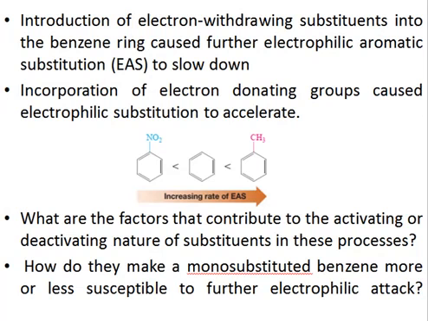right? So in general, when we introduce an electron-withdrawing substituent on the benzene ring, such an electron-withdrawing group decreases the electrophilic substitution reaction to a very large extent, right? So what is this electron-withdrawing group doing?